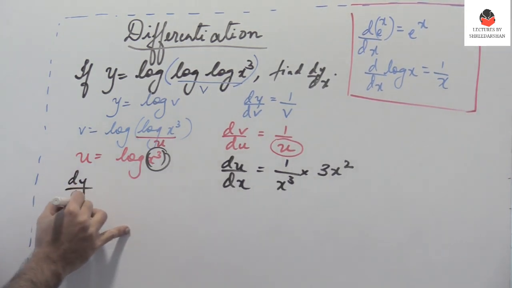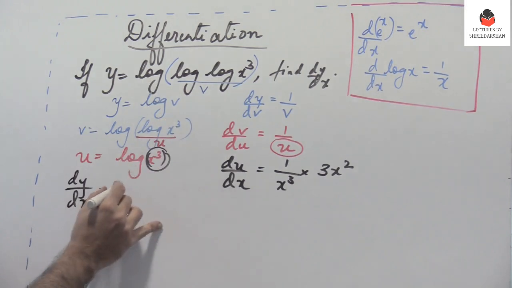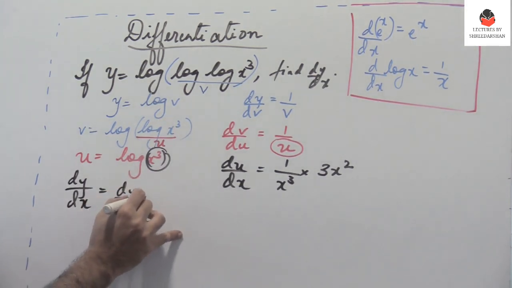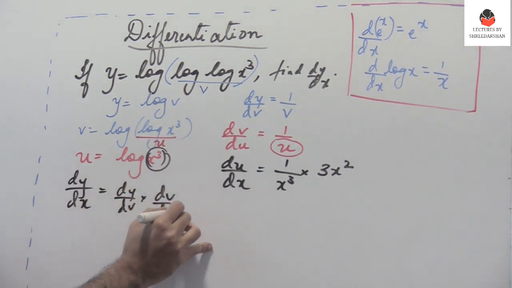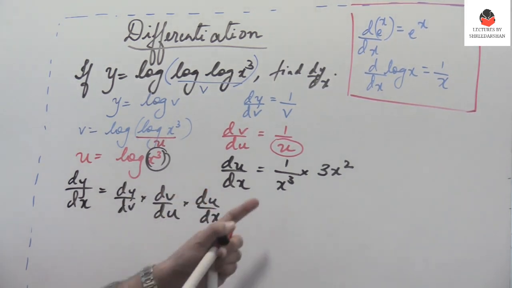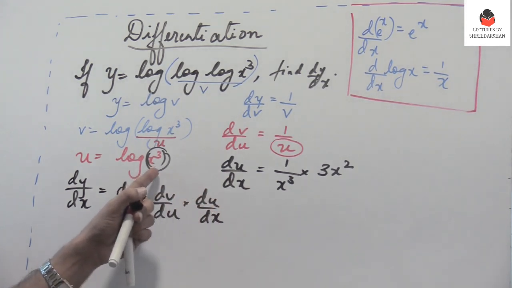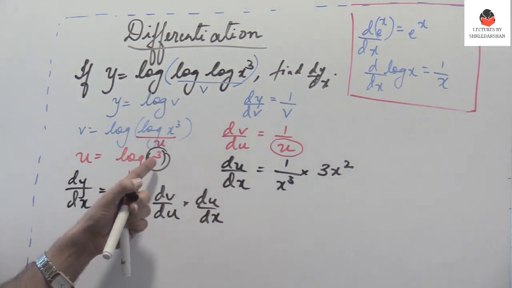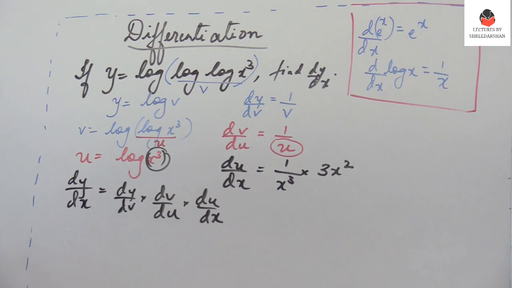So in short, what is dy by dx? I have to multiply all of them. Dy by dv into dv by du into du by dx. So I've actually skipped one step wherein you can actually substitute x cube as another variable. So I've directly done the differentiation.